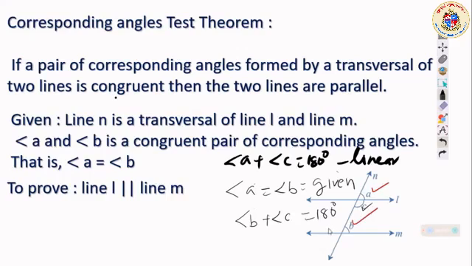From this we can say that corresponding angles are congruent and line L is parallel to M. So this way we can test whether the given lines are parallel to each other by testing whether their corresponding angles are congruent.